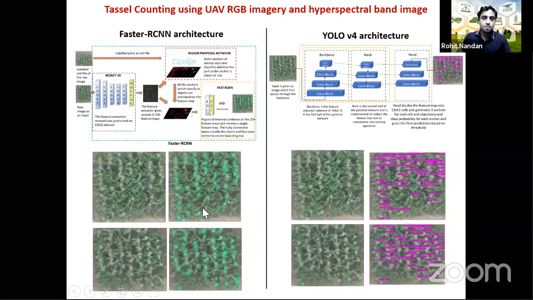Faster RCNN, that is also called ResNet 50, and YOLO version 4. These are two recently developed machine learning approaches, and both were able to identify the tassels on the farm. So these green blocks and the purple blocks are the tassels which are detected using this machine learning approach.